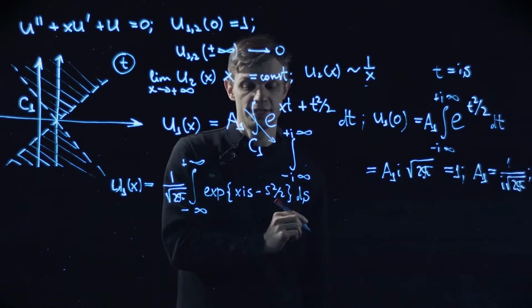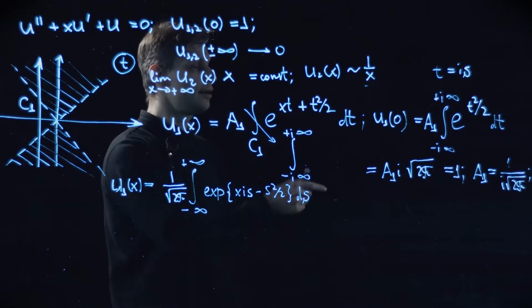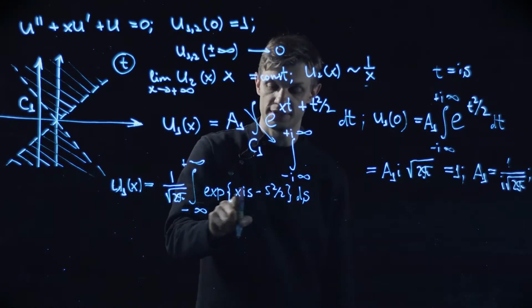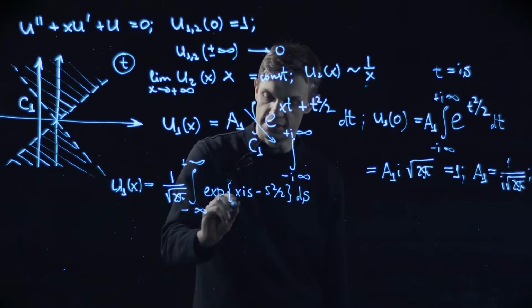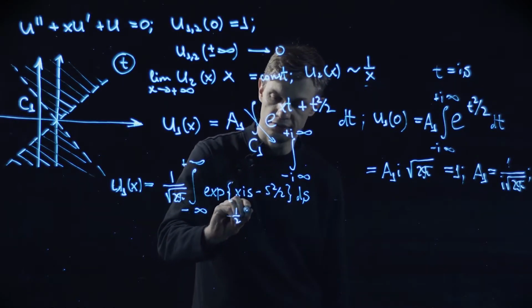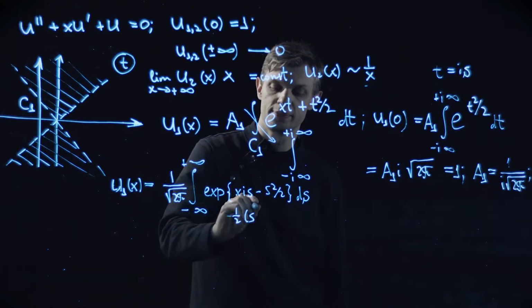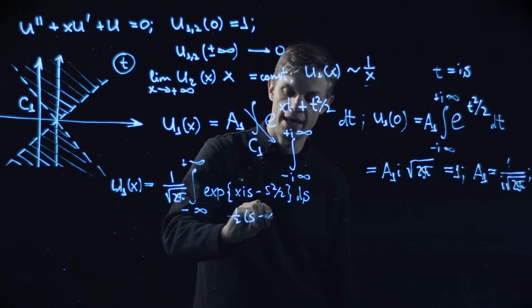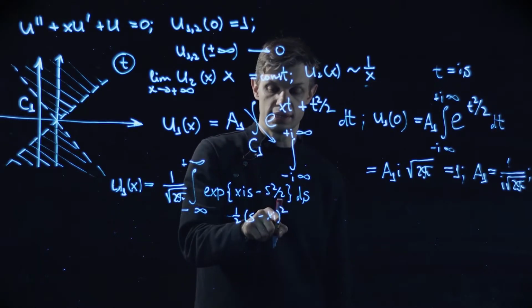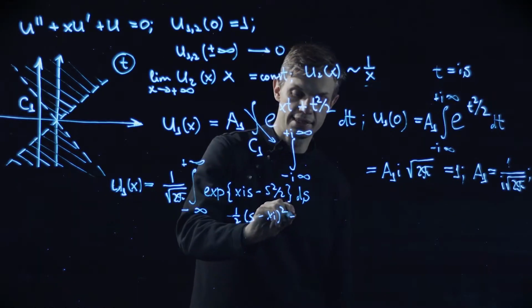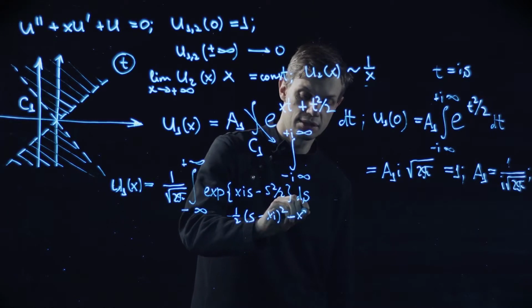And this is again a very simple Gaussian integral, because we can shift the variable of integration. Let's factor out 1/2. So it's going to be s minus x, squared. So we complete the square, and we have minus x squared over 2.